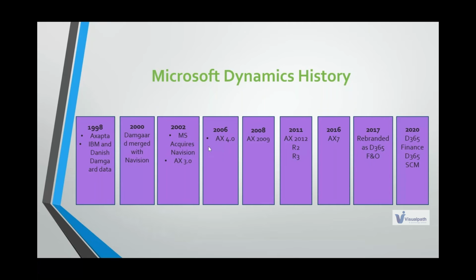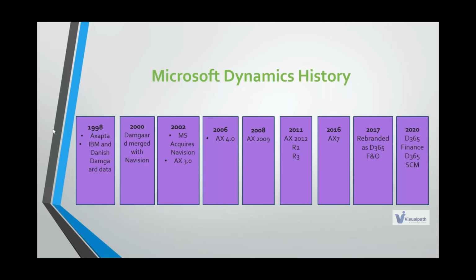So let us understand. In 1998, the product was introduced. In 1998, we used to call it Axapta. Please see the first box. The product name was Axapta. It was introduced by two different companies in a collaboration.